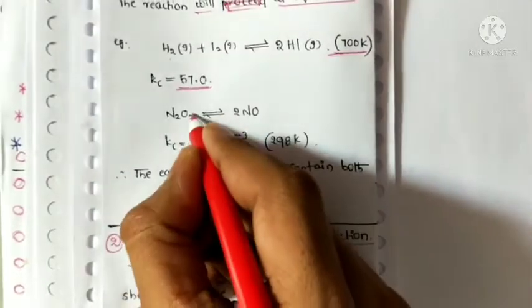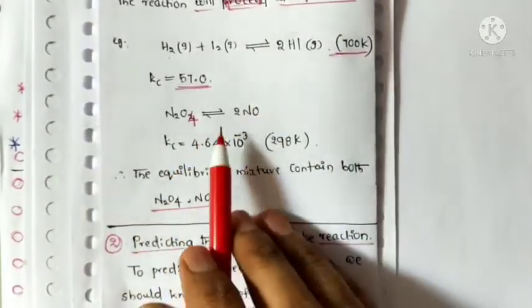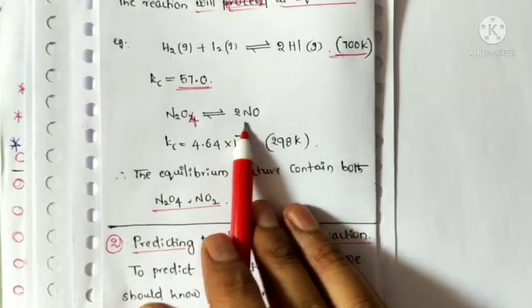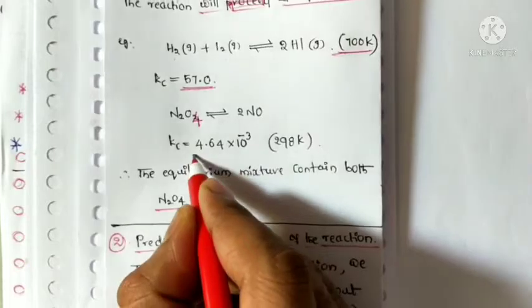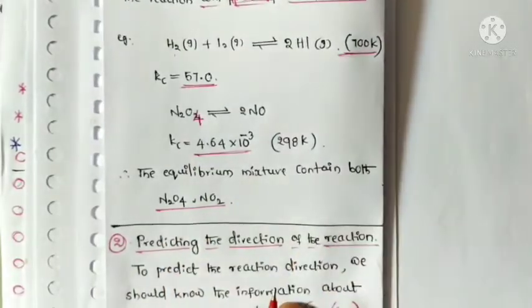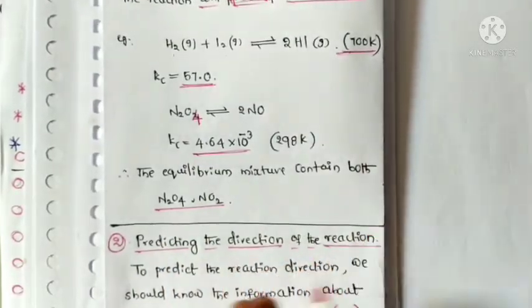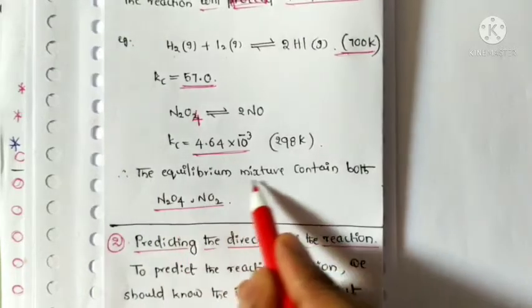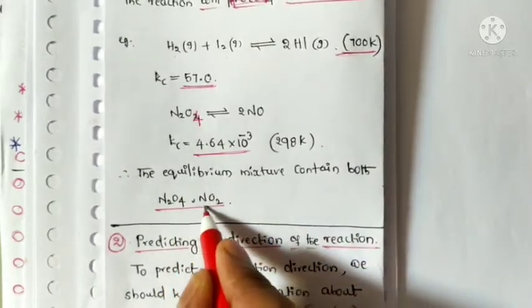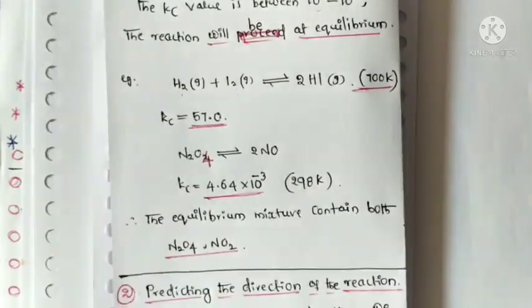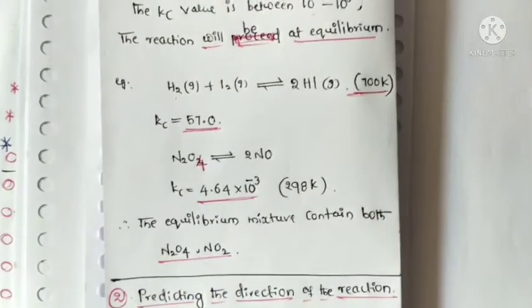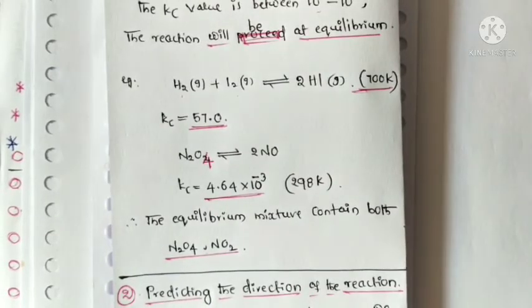Next, dinitrogen tetraoxide is in equilibrium with 2 moles of nitrogen dioxide. It also has a Kc value neither small nor large. The equilibrium mixture contains both reactants as well as products. In this way we can say that the extent of a reaction depends upon the equilibrium constant value.